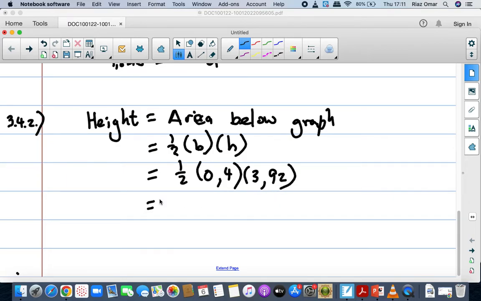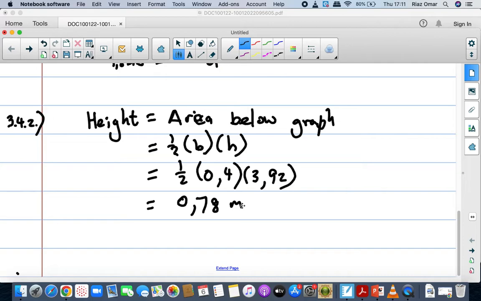And if you take your calculator and work it out, 0.5 times 0,4 times 3,92, you get 0,78 meters. So that's one way of doing it, by working out the area below the graph.